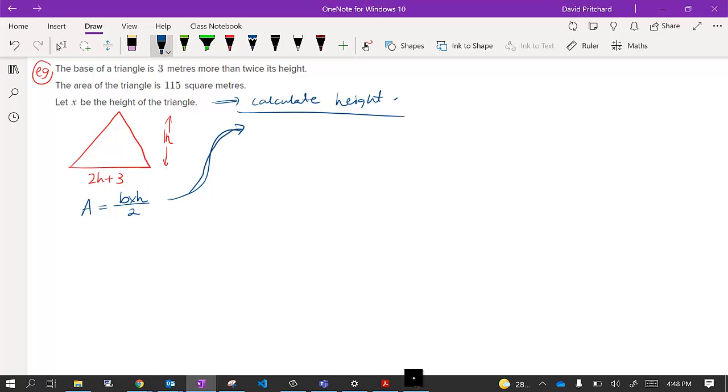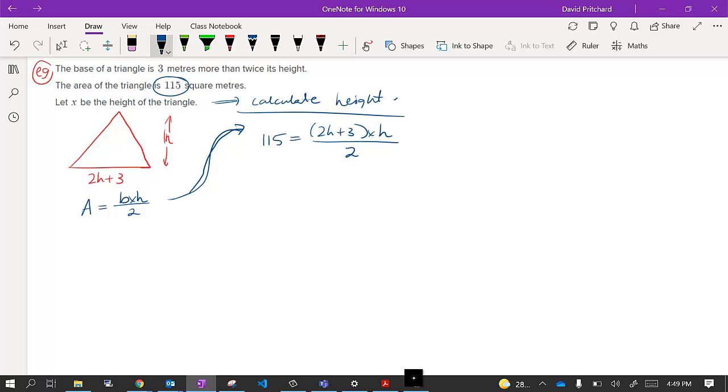So we know that area is base times height on 2. We know that the area of the triangle is 115. So we've got 115. The base is 2h plus 3. The height is h, and we're all over 2 there. So we want to go through the process of isolating, and hopefully, if we do this right, it's probably going to end up as a quadratic equation.